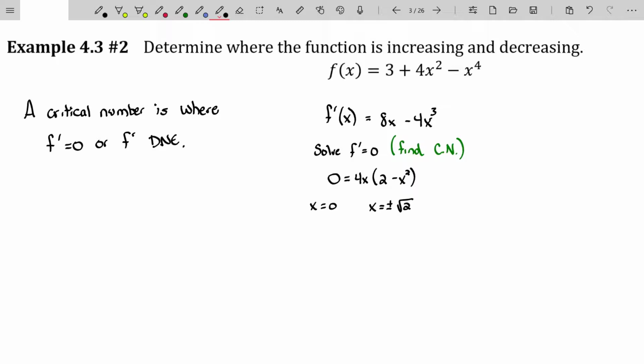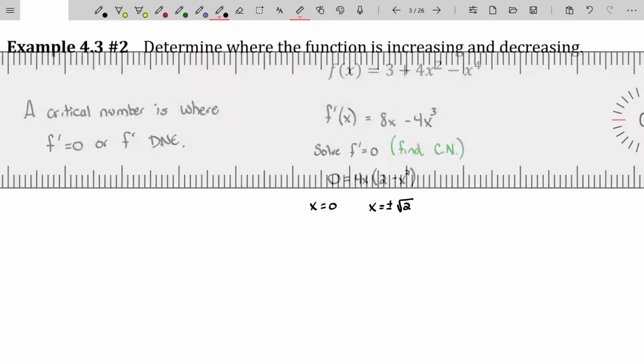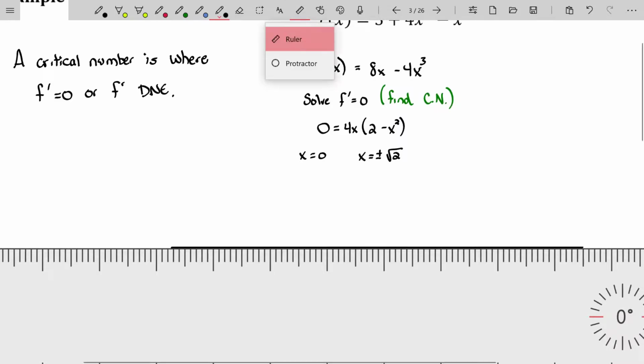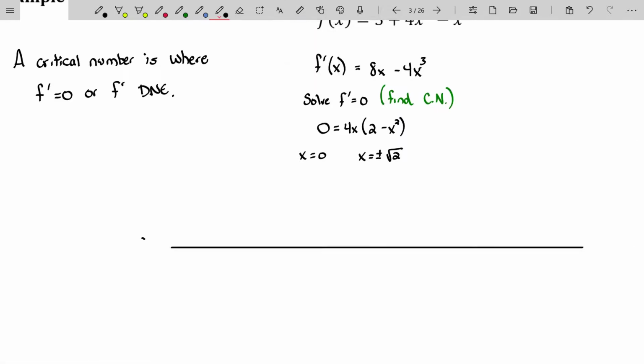What I'll do here is just create a number line for my derivative. And this is a habit we need to get into, creating number lines for our derivatives. So here's a number line, and I mark it with f prime because that's going to be important for me. And I'll go ahead and mark 0 on here because that's one of my critical numbers. I'm not marking 0 because it's 0.